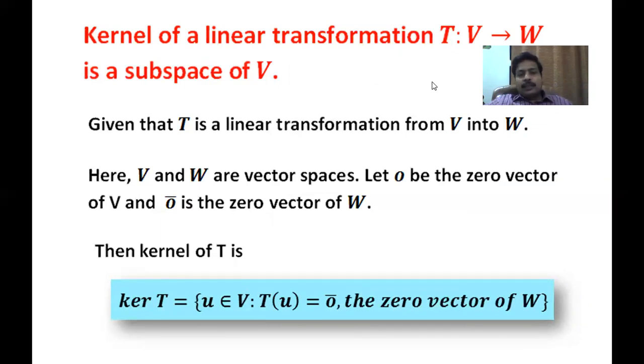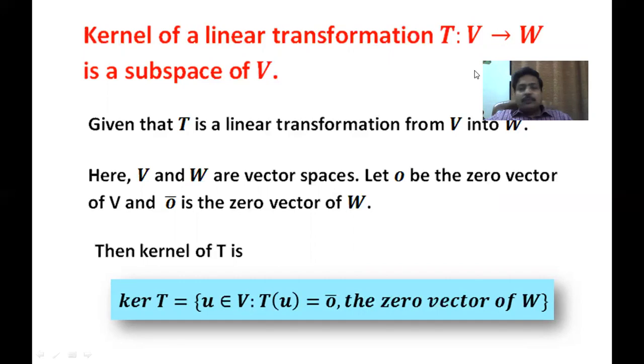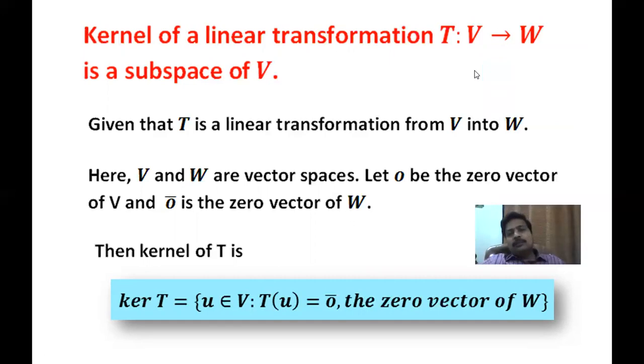So let us prove this statement. The kernel of a linear transformation T from V to W is a subspace of V. Here it is given that T is a transformation from V to W. Here V and W are vector spaces.